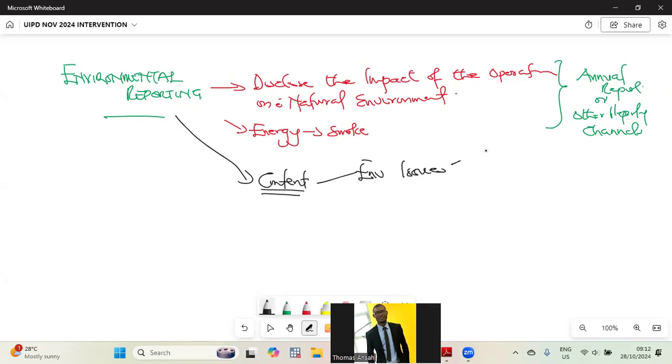What is your policy about the environmental issues? What is your risk management process? How do you help solve or manage the risk? What are the legal infringements and what initiatives? I can go on, but the main idea is that you are reporting on the environmental issues and your initiative to deal with them.